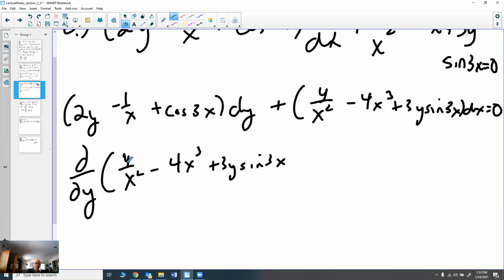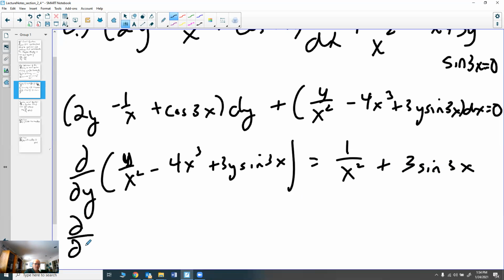The partial derivative of y over x squared with respect to y is just 1 over x squared, because x squared, again, is a constant. You don't need to use the quotient rule here. The derivative of y is 1, so I get 1 over x squared. The derivative of minus 4x cubed is 0 because it doesn't have a y in it. It's just a constant. The derivative of 3y sine of 3x: the derivative of y times any constant is just the constant, and all that other part is a constant. So plus 3 sine of 3x.